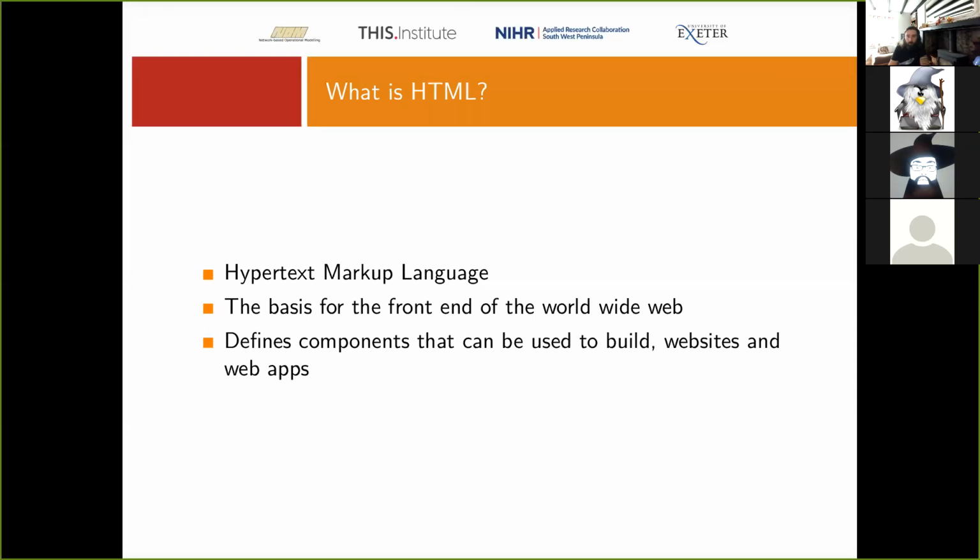So just to give a brief overview of what HTML and CSS are for those that aren't familiar with them. HTML is hypertext markup language, and it is the entire basis for the front end of the web. This is how people use all the standard components that all websites are built out of.